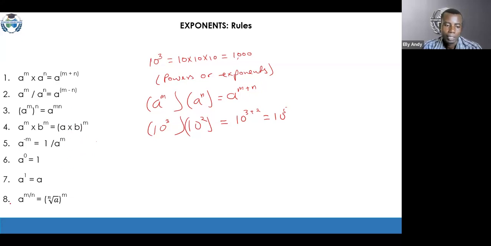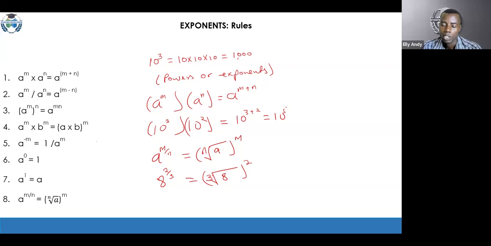Look at rule 8, for example, that a raised to m over n is basically the nth root of a raised to power m. So that when you have something like 8 raised to power 2 over 3, then you are dealing with the third root of 8 squared, where 3 is our n and 2 is our m.